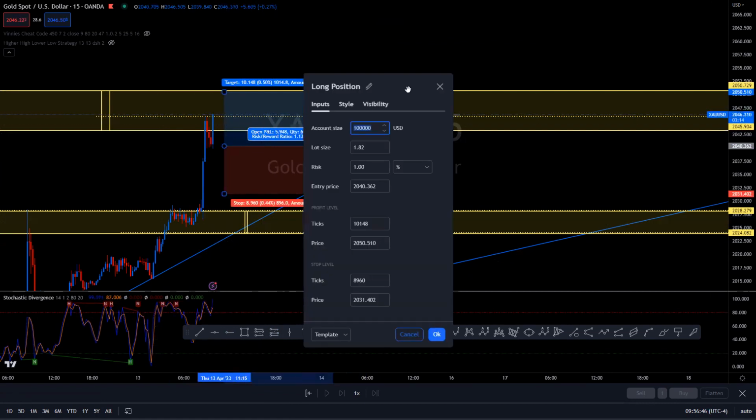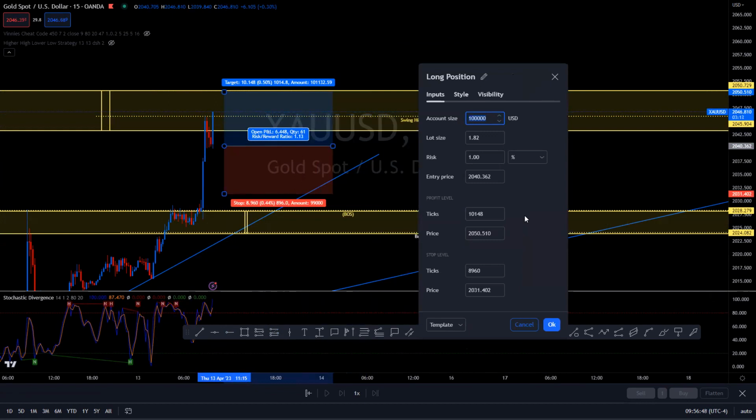So let me put in my stop loss and take profit here because I'm already in profit. So 2031.40. TP is going to be 2050.51.